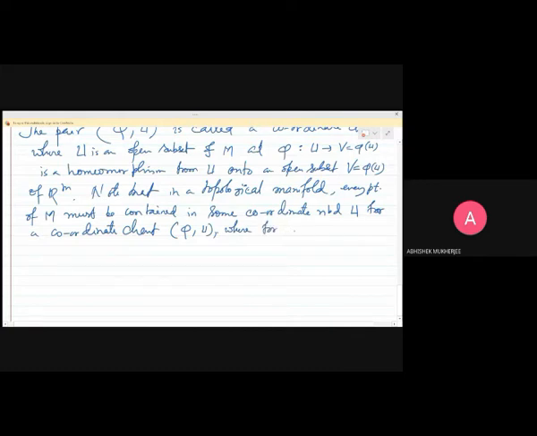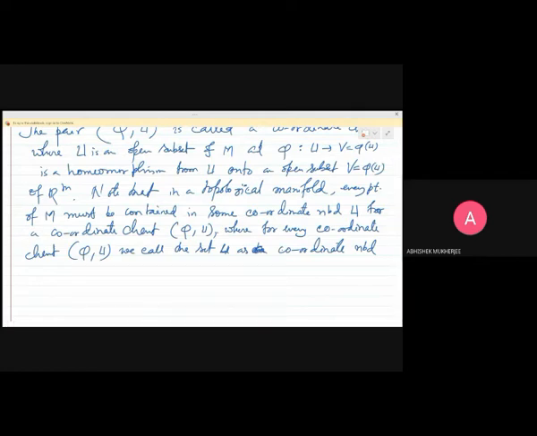For every coordinate chart phi U, we call the set U a coordinate neighborhood.